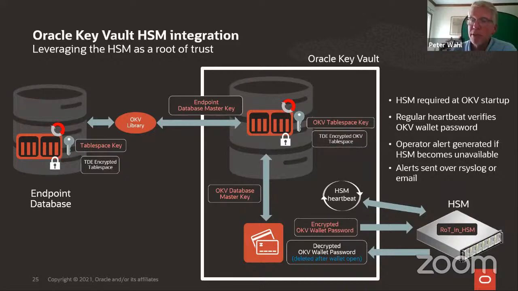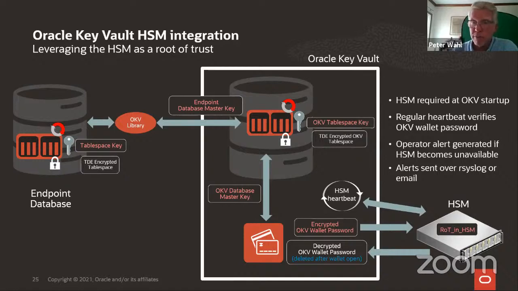So this comes into play when you virtualize OKV. When you run OKV in VirtualBox, in Oracle VM, in VMware, somebody theoretically could take those disks that represent your OKV.